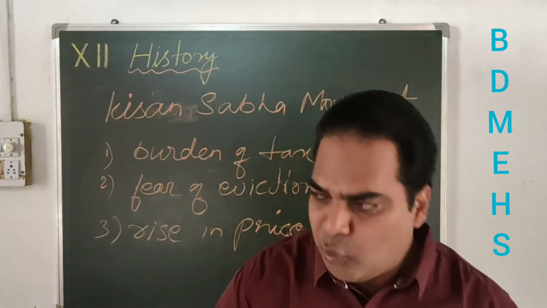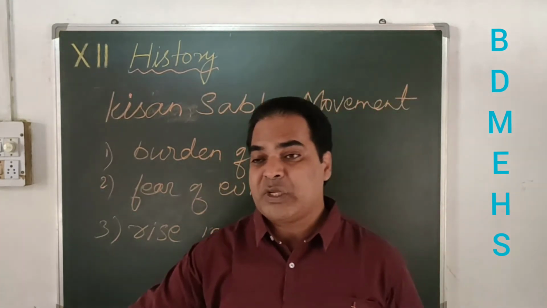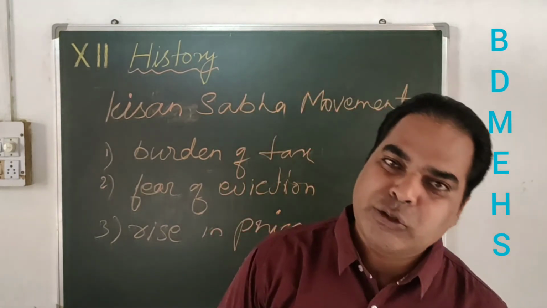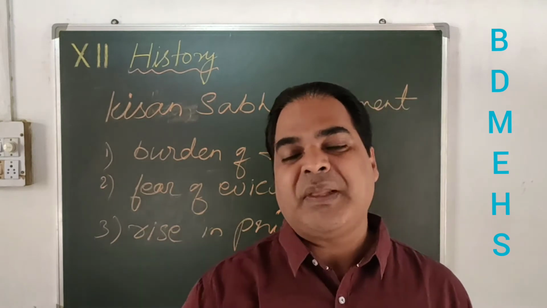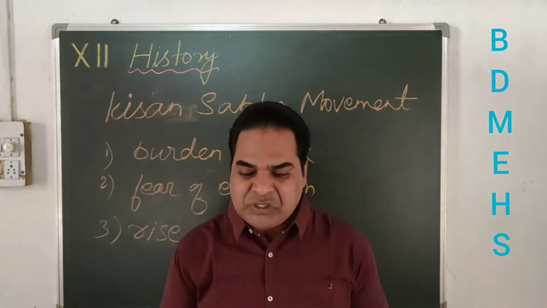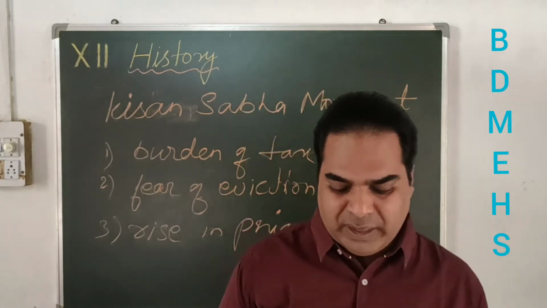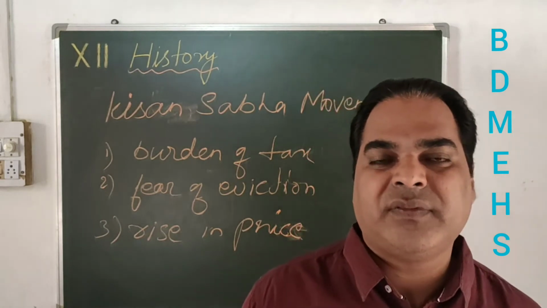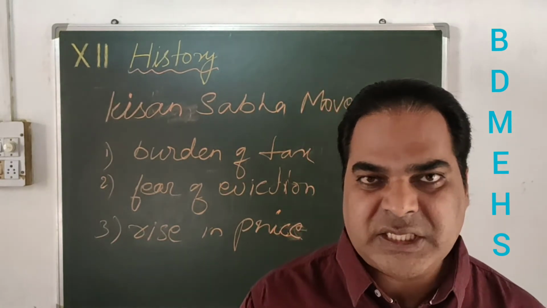So the national Non-Cooperation Movement was not the movement of a few elite groups. It was also joined by the peasants, who went against the Britishers. That gave strength to the national movement.